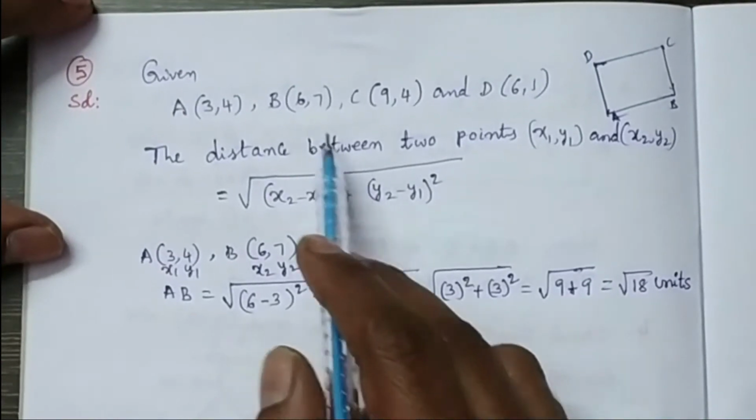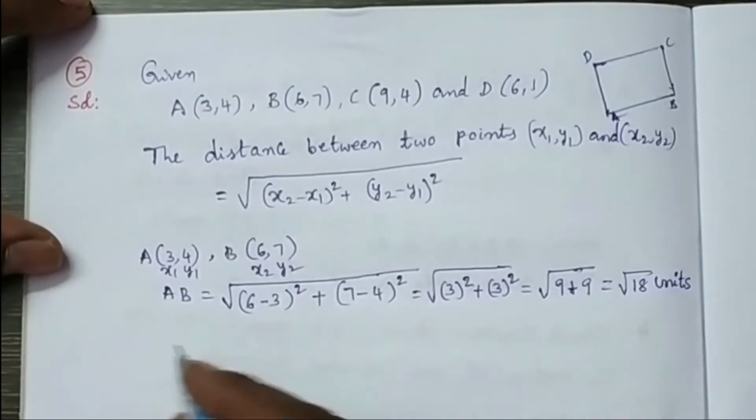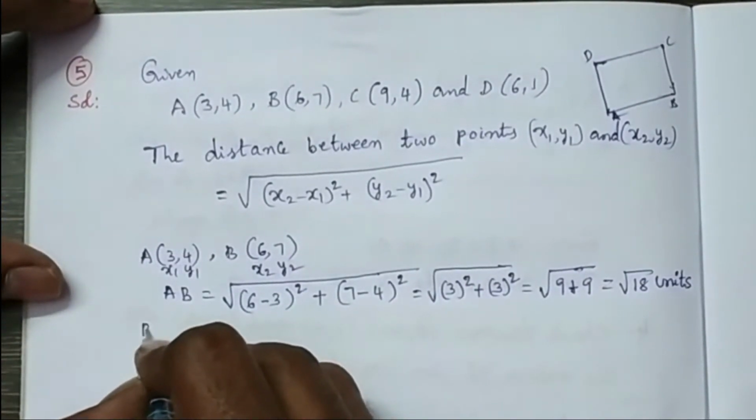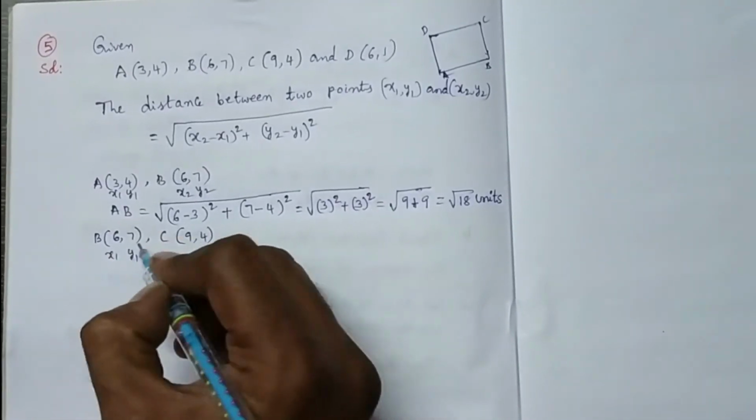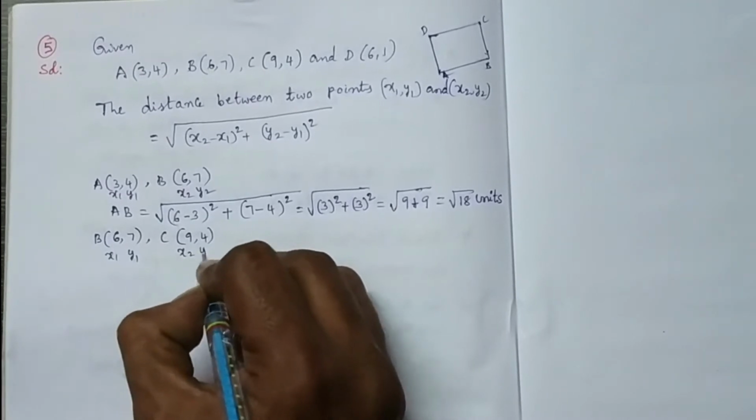Next we have to find the length of BC. Take the points B and C as x1, y1, x2, y2.